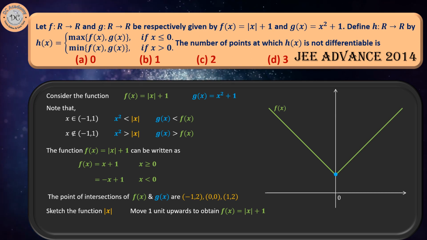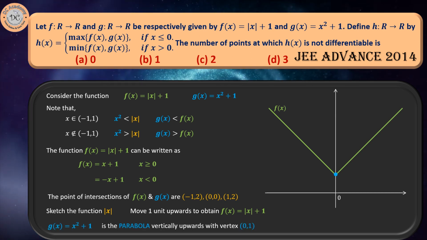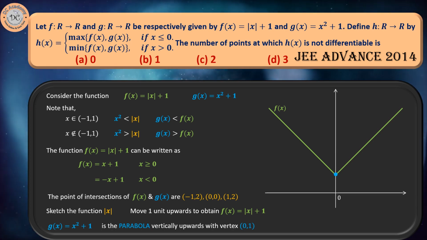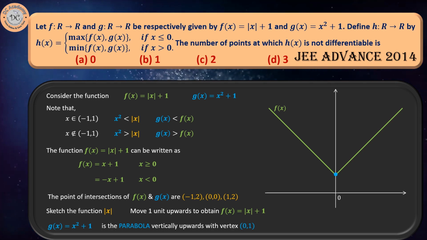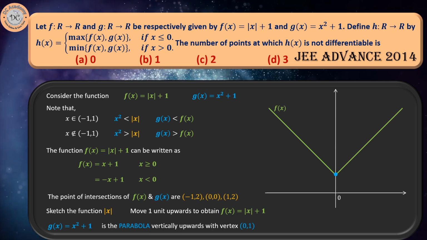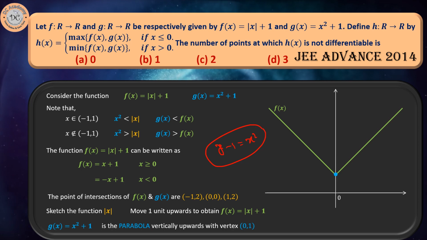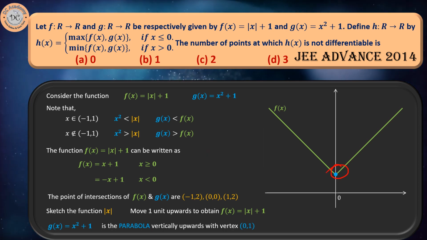That's it. Now we need to concentrate on g(x), which is a parabola opening upwards. Why? Because the coefficient of x² is positive, and it is of the form y - 1 equal to x². So it is a parabola where the vertex is at the point (0, 1).